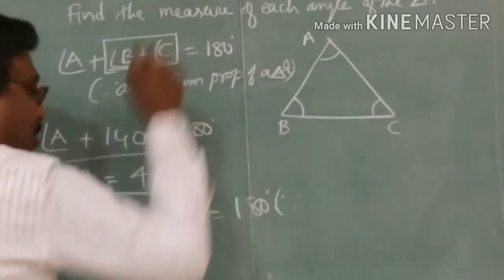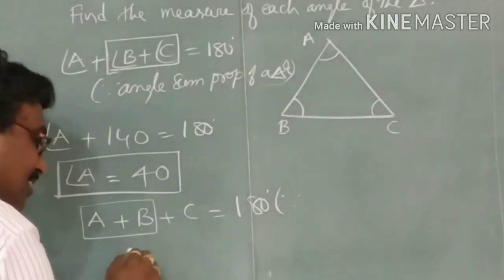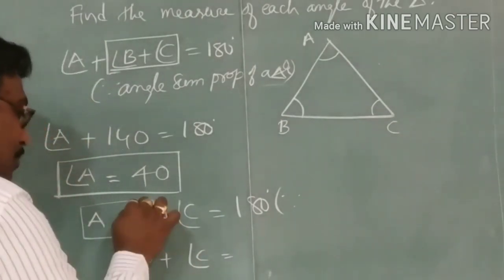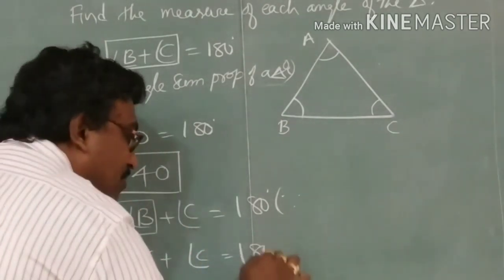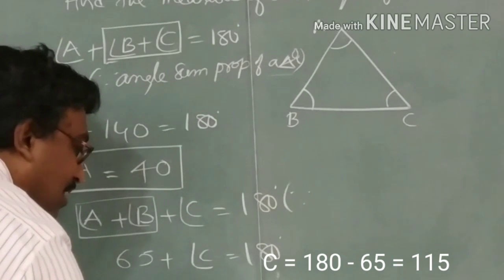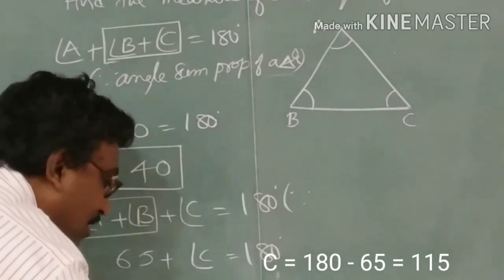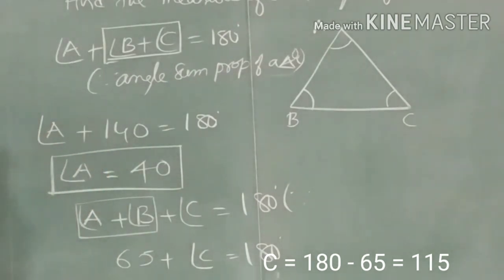A plus B is equal to 65, plus C is equal to 180. Now, angle C is equal to 180 minus 65. So, the angle C value is 115.